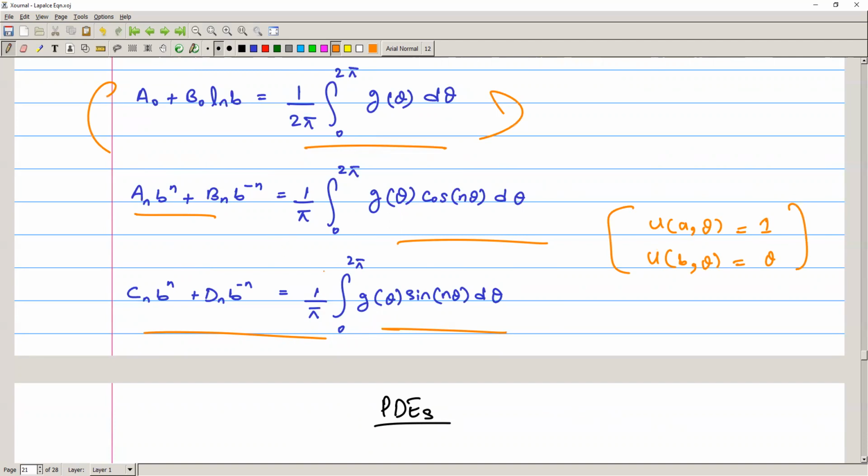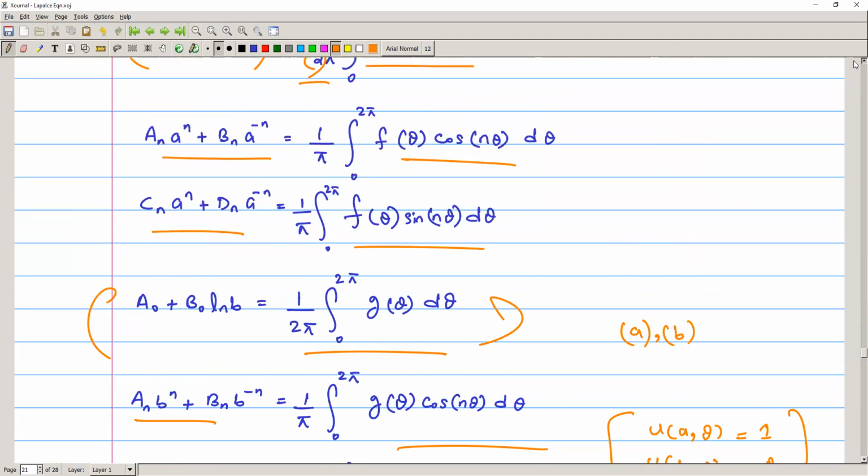Because we have 6 unknowns and 6 equations, and a and b will also be given because a and b are the radii of the respective circles. So the radius will be given, so we can easily calculate the solution, right?